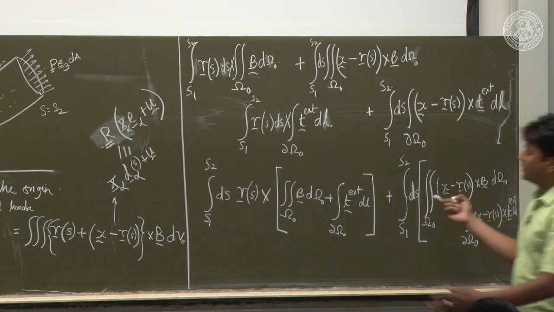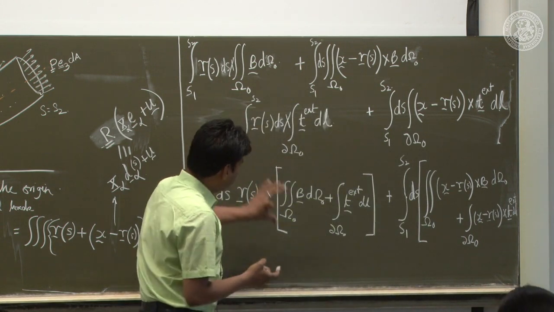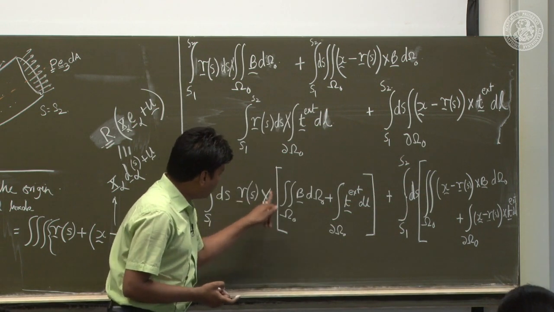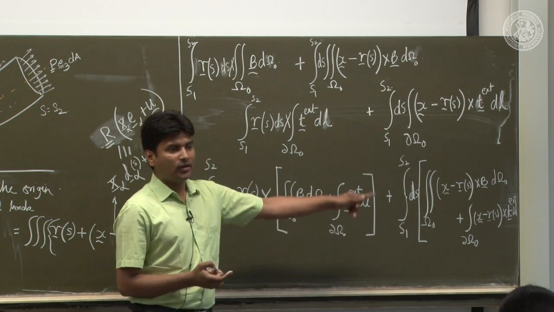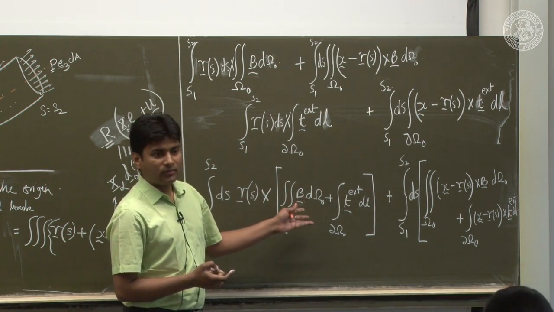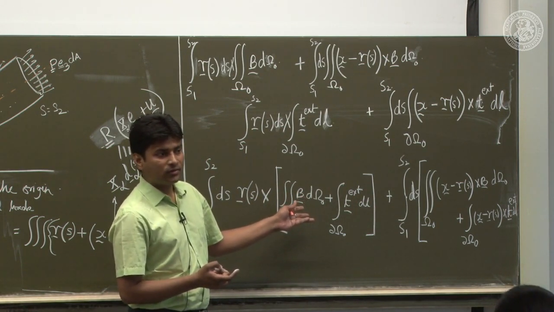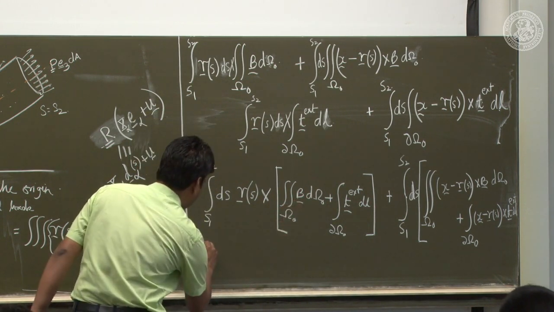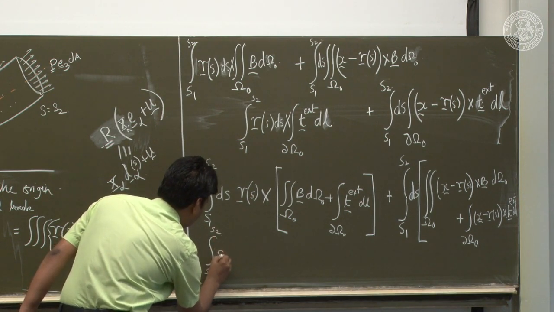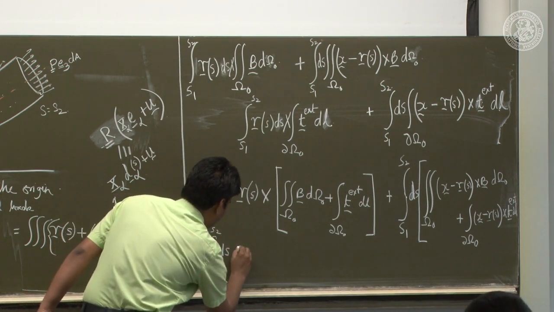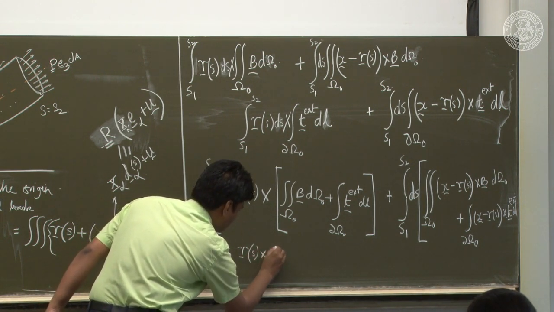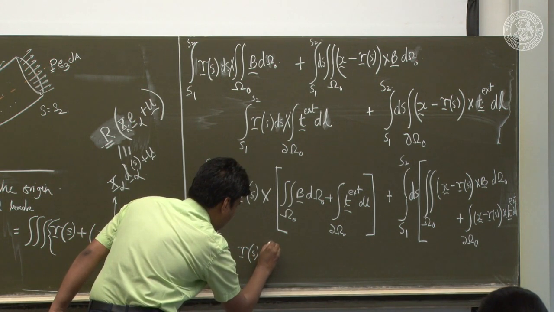Okay, isn't it? So I just wrote these two terms together and these two terms together over here. And can you identify what is this? We had defined it last time. That's your distributed load, right? So this becomes integral from S1 to S2 ds then r of s cross n hat.